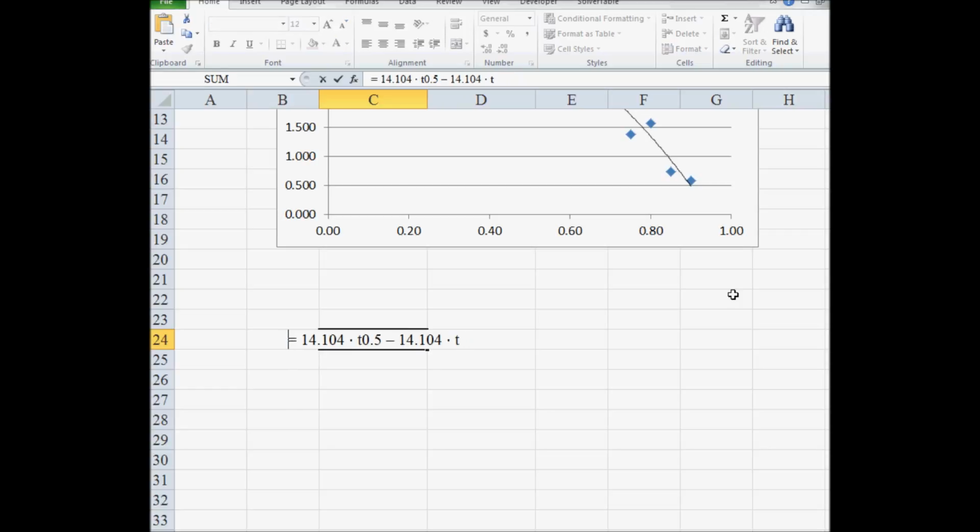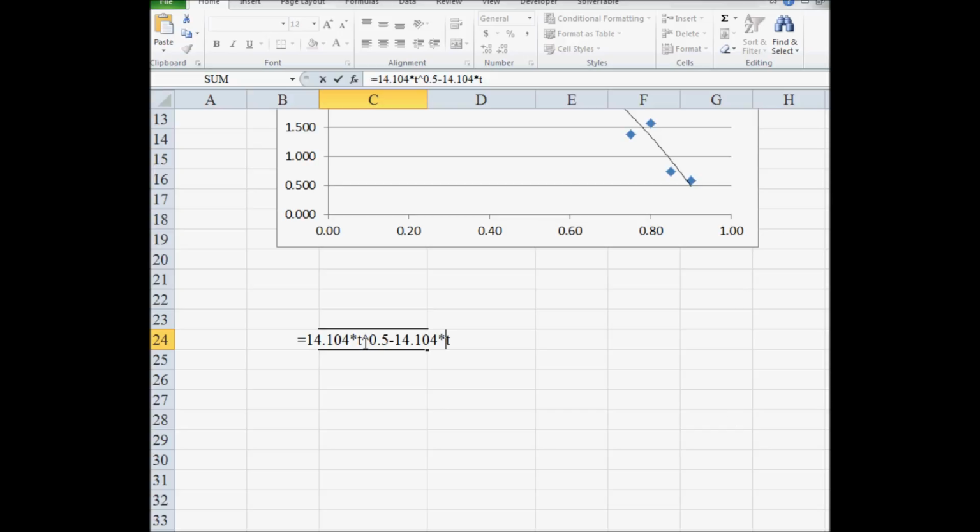I'm going to get rid of the t, get rid of the space, change that to times, insert what we call a caret, shift and then the 6 key, because the first t is raised to the 0.5 power, and then change long dash to short dash for subtraction, and then just change that to times.